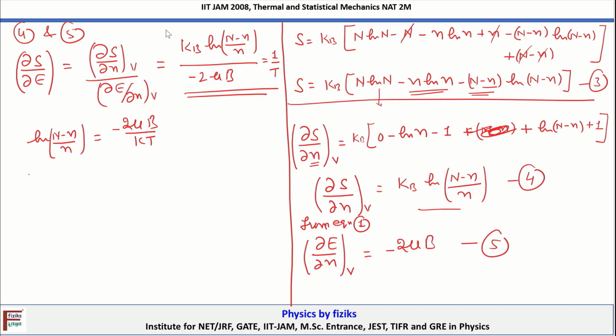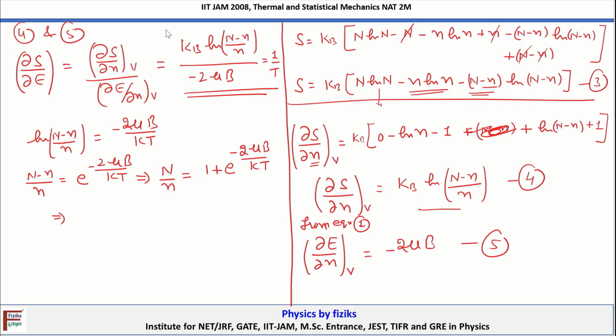Taking the exponential, this gives (N minus n) upon n equal to exponential of minus 2 mu B upon kT, or this implies that capital N by n, and then from here minus small n by small n, minus 1, so it will become plus 1 on the other side: 1 plus exponential of minus 2 mu B upon kT.